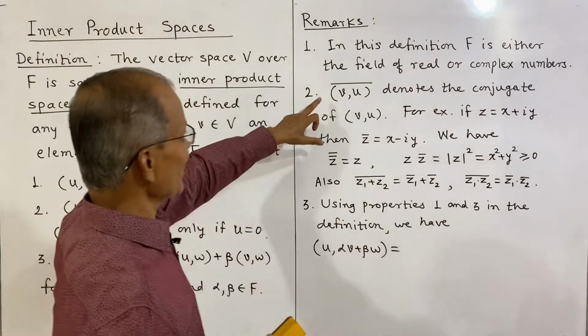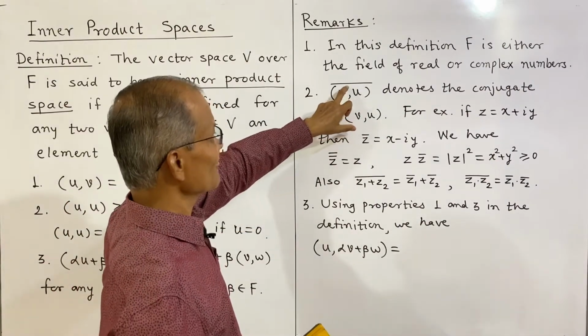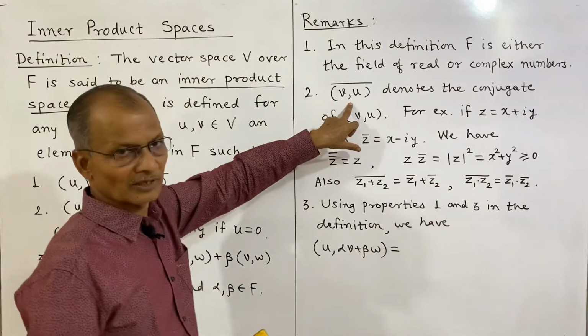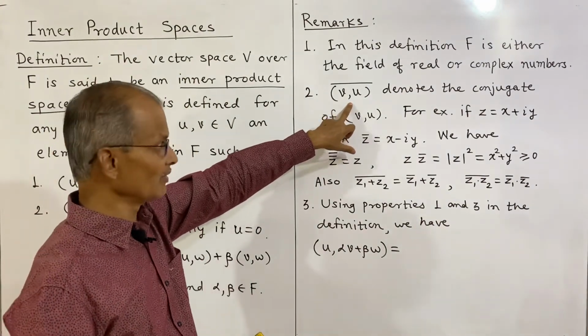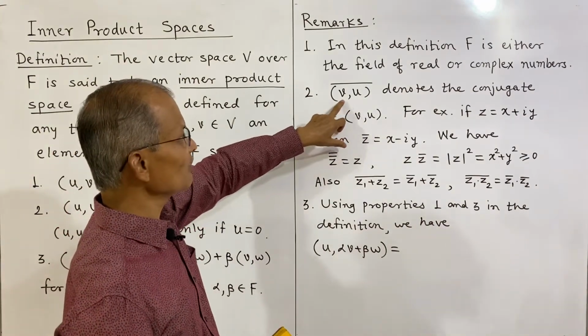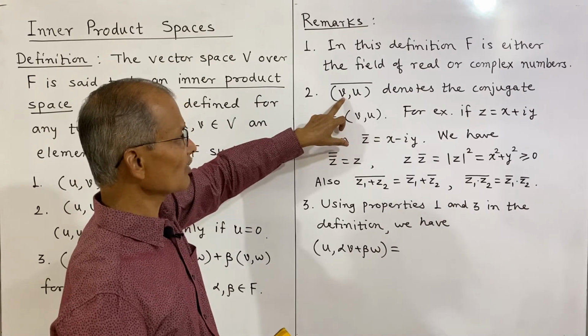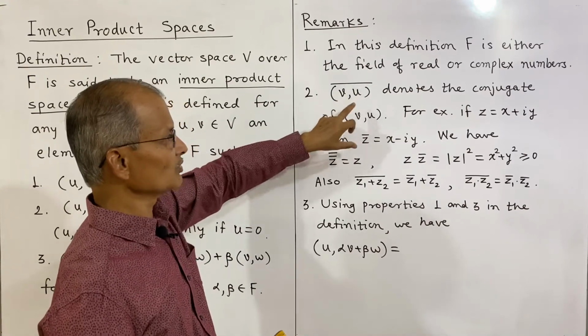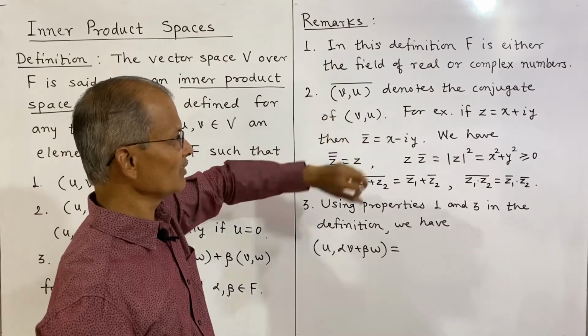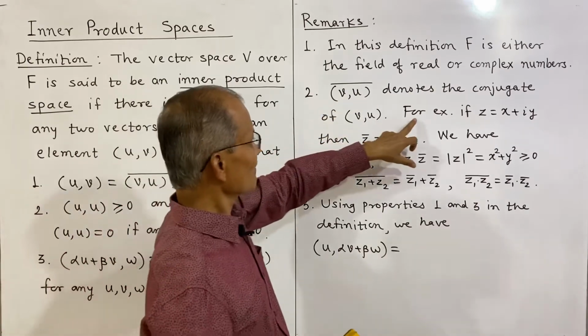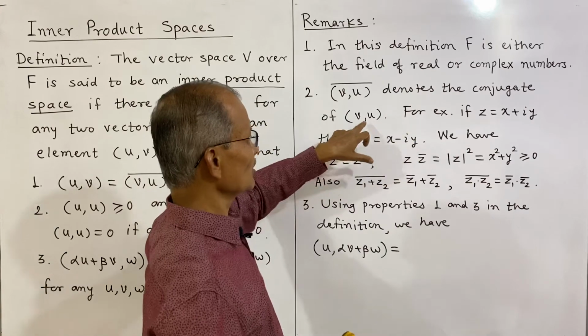Second remark is this notation. Bar notation denotes conjugate of a complex number, we know. So, inner product of u and v is the conjugate of inner product of v and u, and so it is a conjugate of this product.